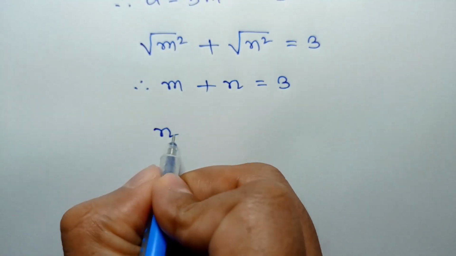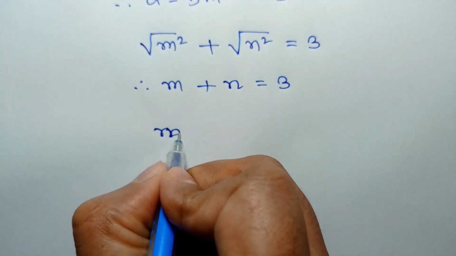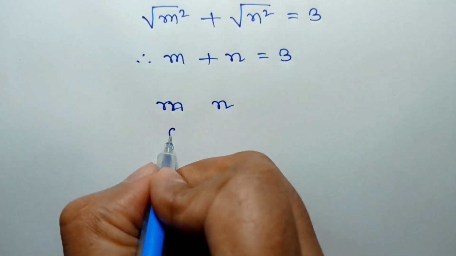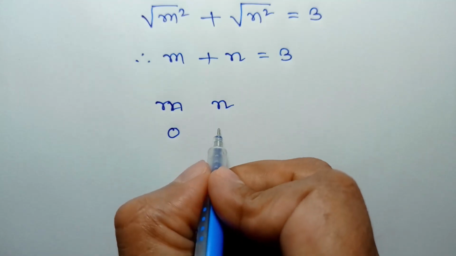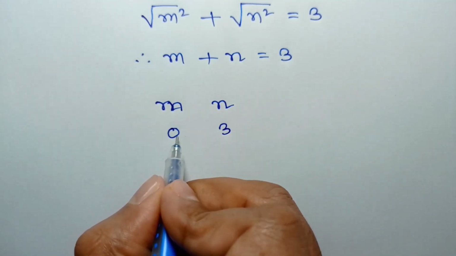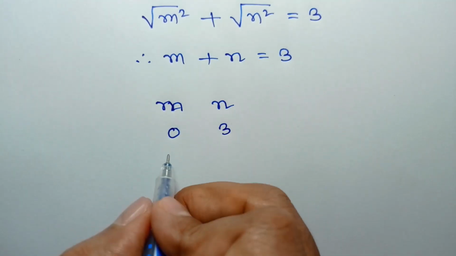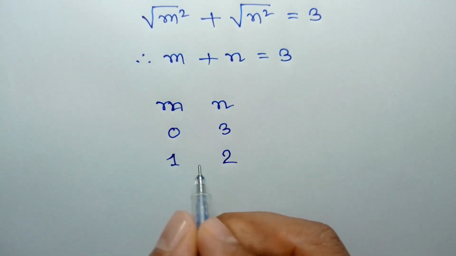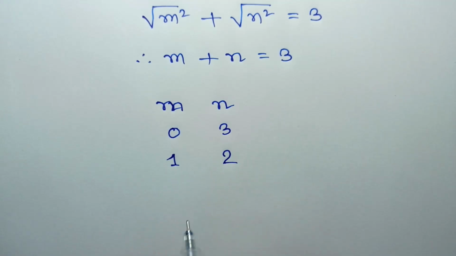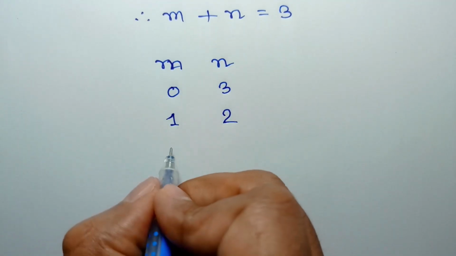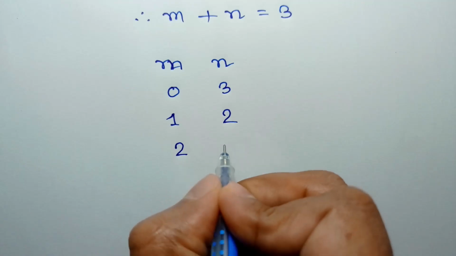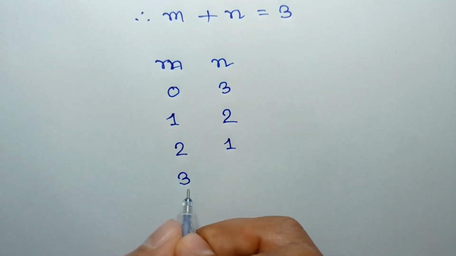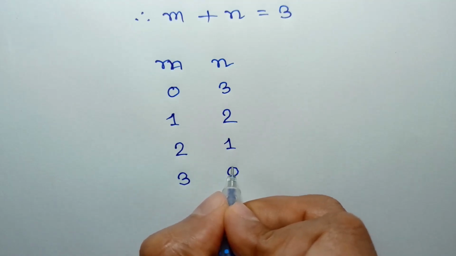Then the possible combinations of m and n are: when m is equal to 0, then n is equal to 3, 0 plus 3 is 3. When m is equal to 1, then n is equal to 2, 1 plus 2 is 3. When m is equal to 2, then n is equal to 1. And when m is equal to 3, then n is equal to 0.